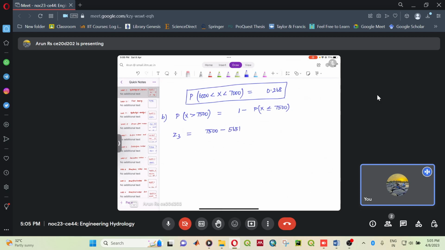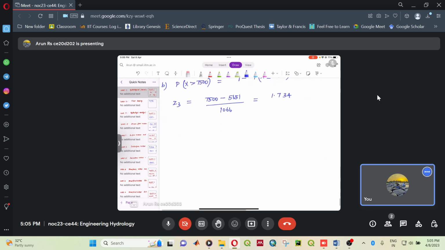Similar to the previous, the z value is 1.734. For 1.734, the probability from the standard normal table is found as 0.9585.